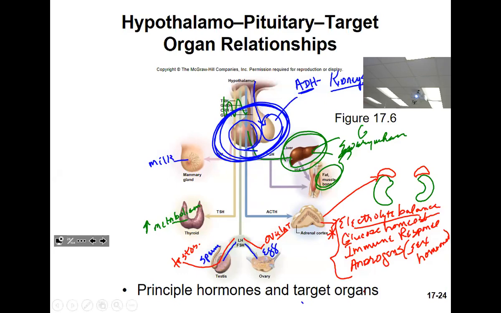So guess what blood plasma mostly is? Water. If you looked at blood, which is a liquid tissue, in a vial, and you spin it down, the cells are packed in the bottom.